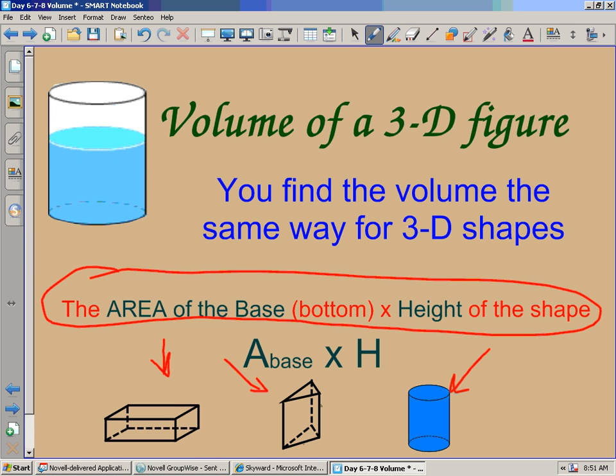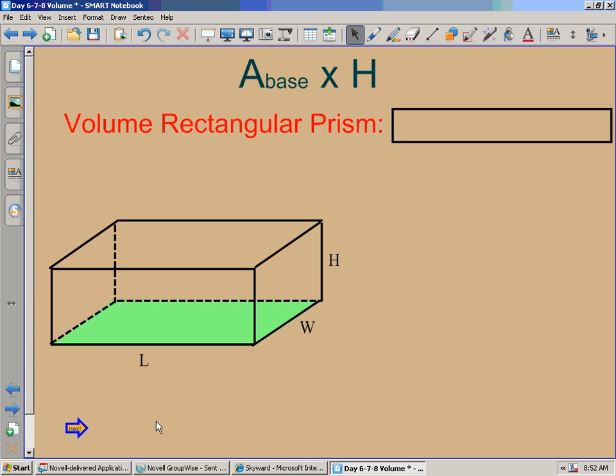You've got a rectangle, you've got a triangle, and you've got a circle. So that base formula part is what's going to change. We always take whatever that is and multiply it by the height. So although they're all similar in how we find them, they differ because that base is different for each of the figures.